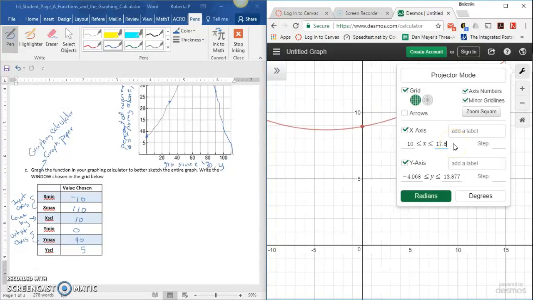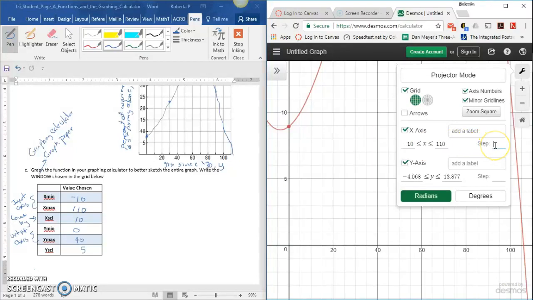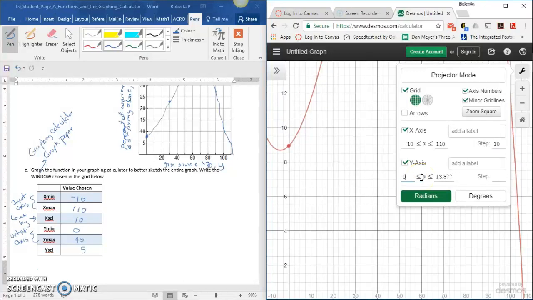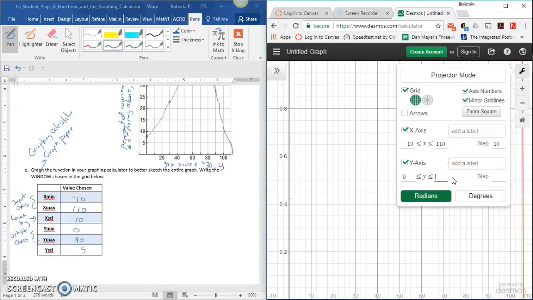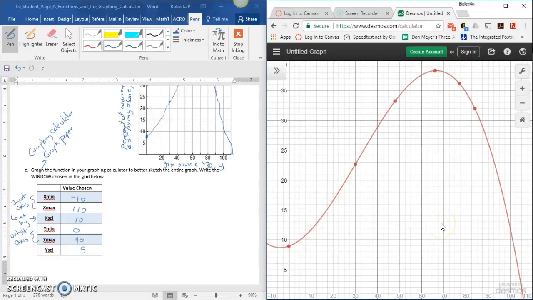We said 110, and we're counting by tens. And then our output axes, we wanted it to be 0 and up to 40, and count it by fives. And now I just want to click off and not move anything.